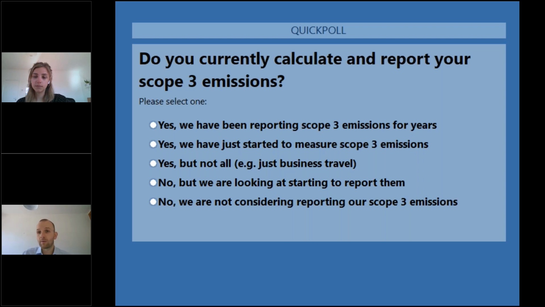Yes, but we don't capture all Scope 3 categories at this stage, so it may just be business travel or waste or water. No, but we are looking to start reporting them. Or no, we are not considering at this stage reporting our Scope 3 emissions. So we'll give everyone a moment just to submit their answers. And this is really useful for us to understand where you all are in that journey.